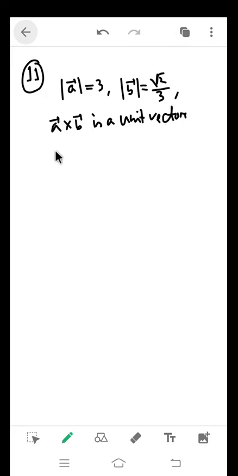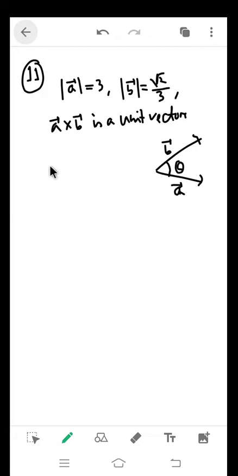So now you have to find out the angle between A and B. Suppose this is A and this is B and the angle is theta. You have to find out the angle theta.